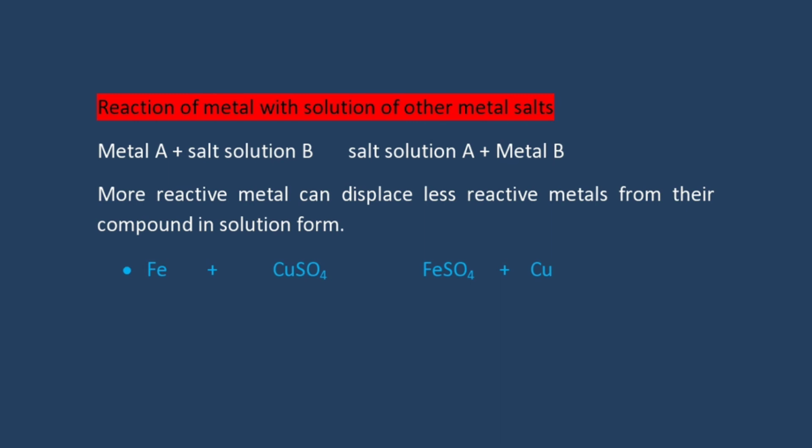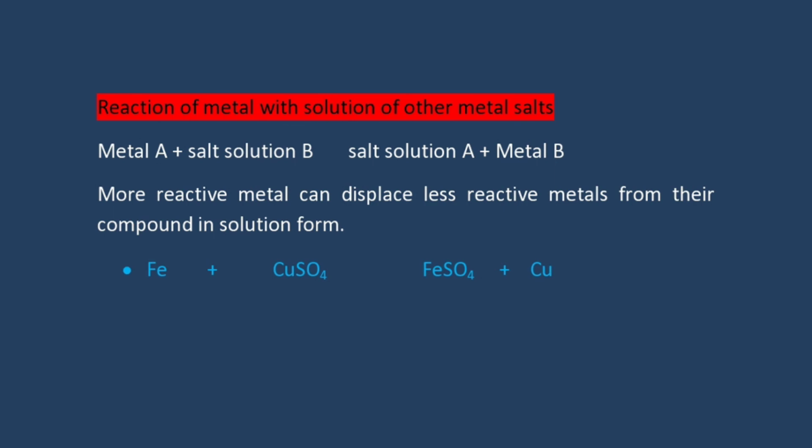A more reactive metal can displace less reactive metals from their compounds in solution form. Let's study this by taking one chemical reaction with iron. When iron reacts with copper sulfate, it produces iron sulfate, and the copper is displaced from its salt solution.